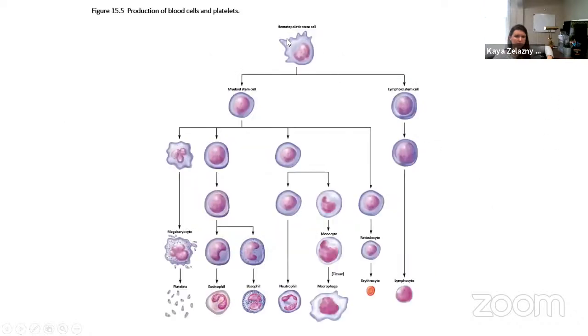So this will be our last slide for today because we're at time. Here, I'm sorry, I brought this image back from a previous slide, so I think it's probably not right here in your packets, but you should have it earlier and it's in your book. So we've got our hematopoietic stem cell, right?